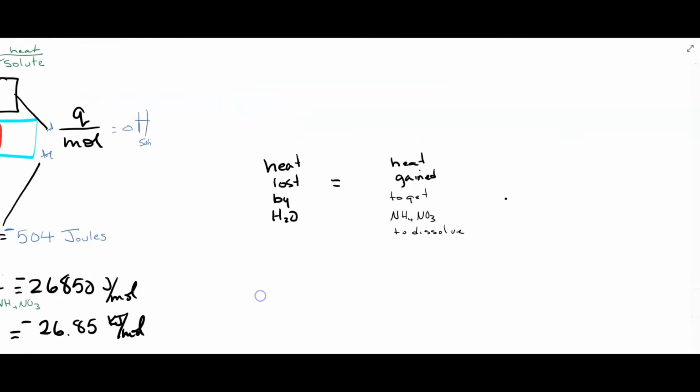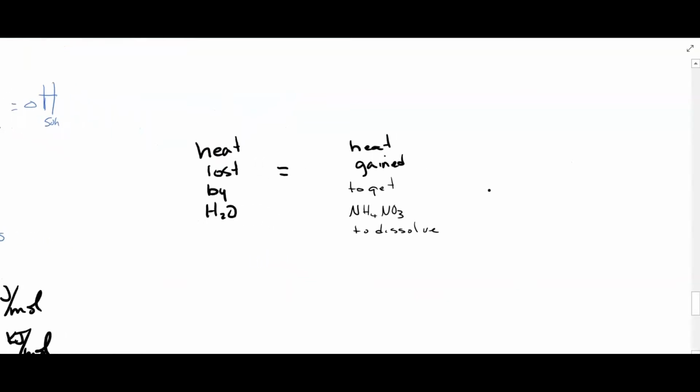The heat that the water gave up is the exact same amount of heat that was gained by the crystal lattice of ammonium nitrate to get it to break apart and dissolve. But heat lost and heat gain have different signs, so we always talk about those being opposite.